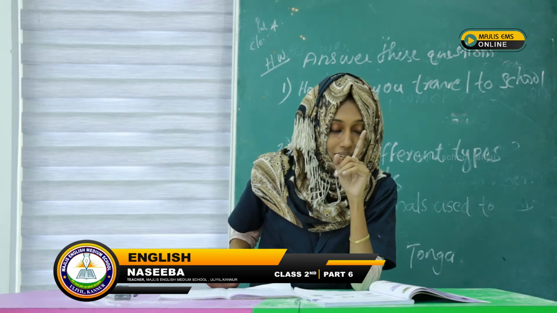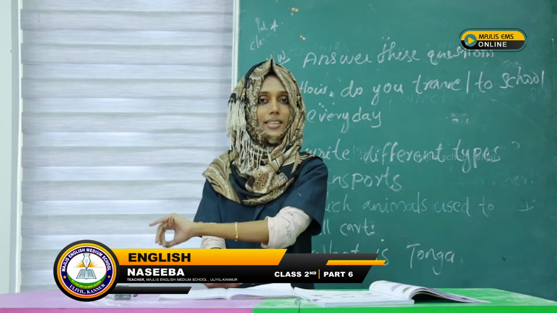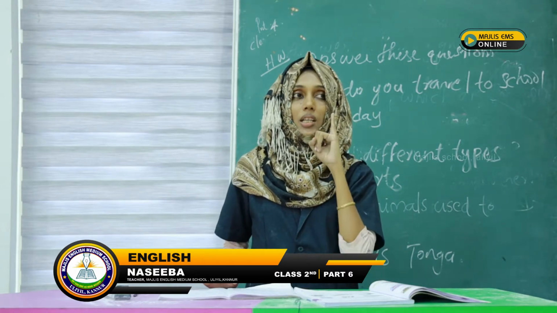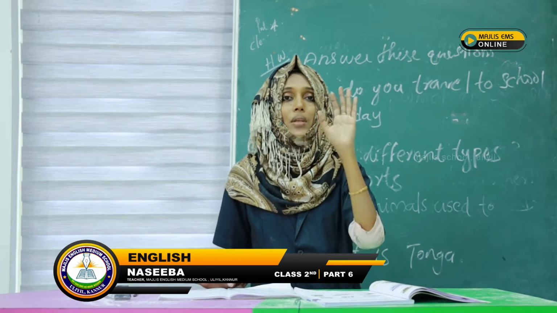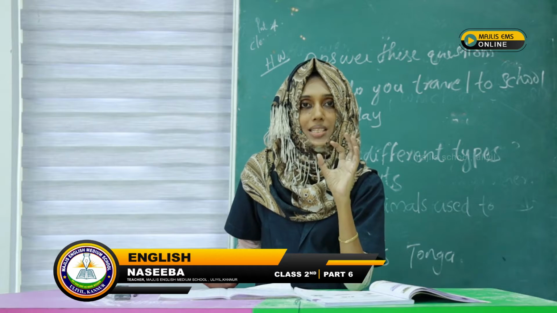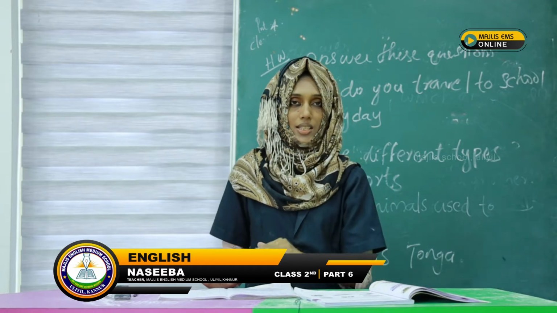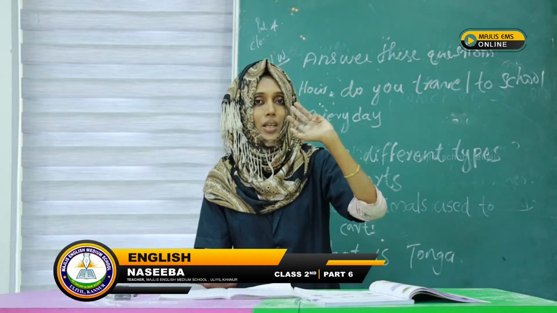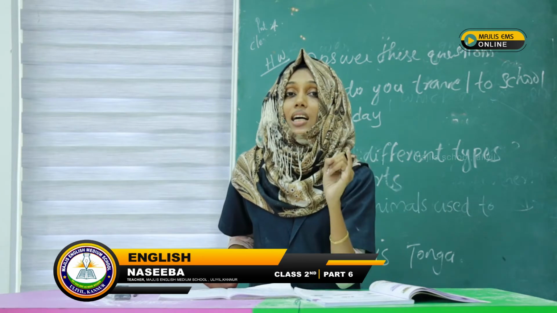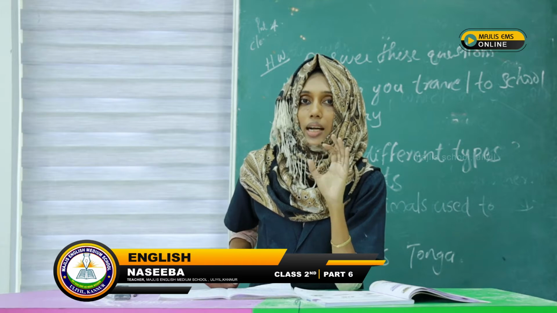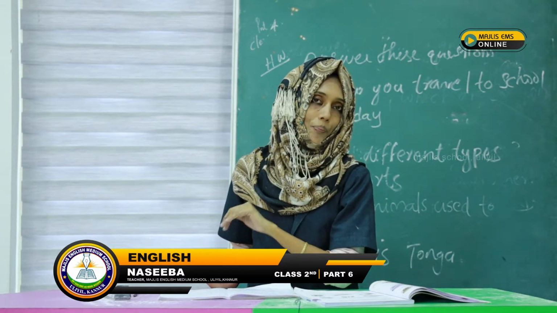A horse driven cart is called tonga. In the previous class we briefly studied three types of animals used to pull carts: bullock cart, horse cart, camel cart. From this, the horse driven cart is called tonga.